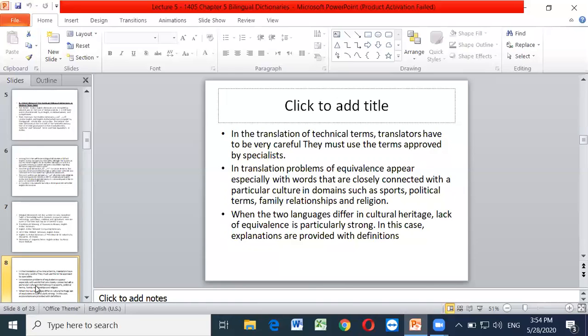So family relationships, religion, sports, and political terms are culturally restricted. They are culturally bound. So it is difficult to find equivalent terms for words in these areas. When the two languages differ in cultural heritage, lack of equivalence is particularly strong. In this case, explanations are provided with definitions.